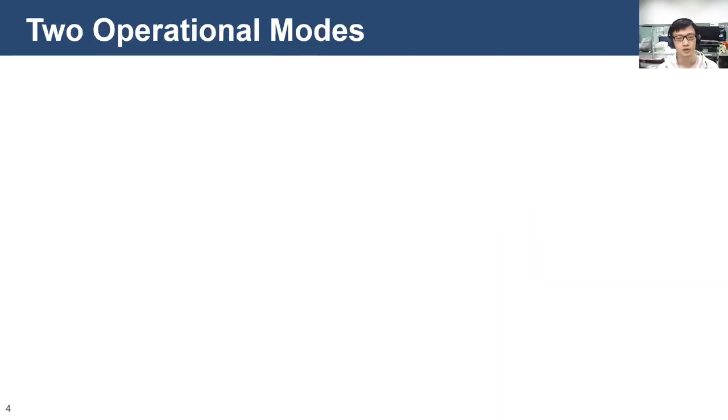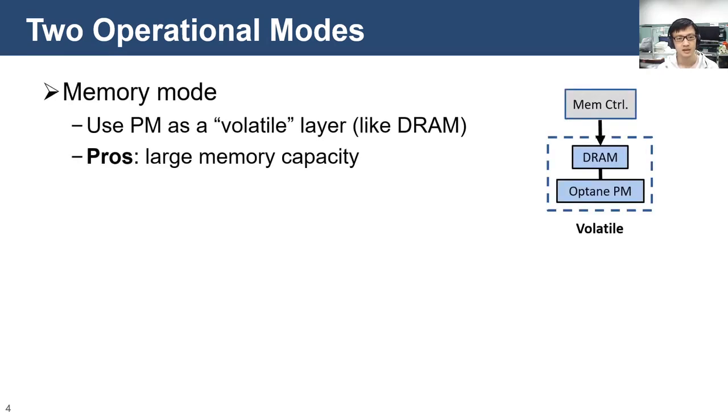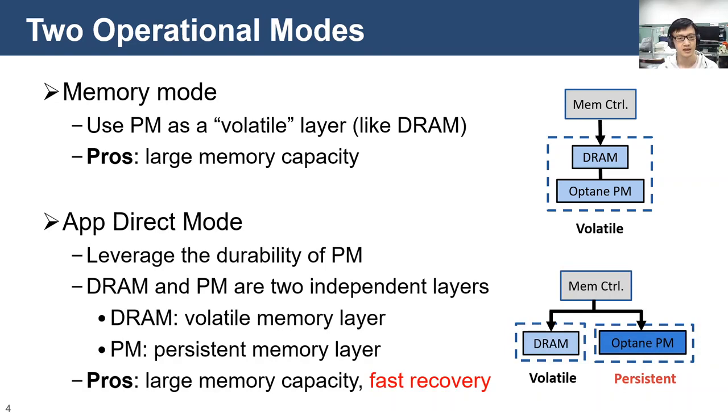There are two operational modes for PM, memory mode and app direct mode. In the memory mode, Optane PM is deployed as a volatile memory layer like DRAM. Hence, we obtain large memory without changing existing applications. In app direct mode, we leverage the durability of PM and configure PM as a persistent memory layer, independent of conventional DRAM.